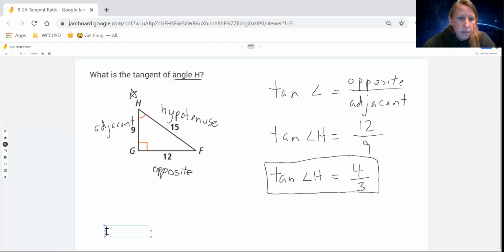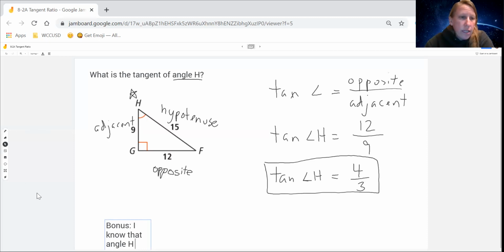Now, I have a question. Is that angle less than 45 or more than 45? I know that angle H, if it was 45, then this side would be 9, but it's bigger, right?